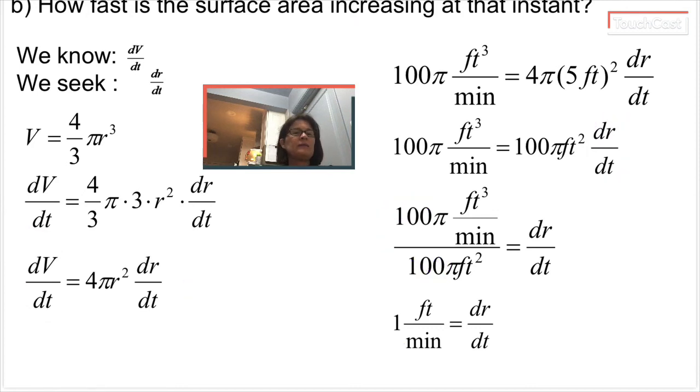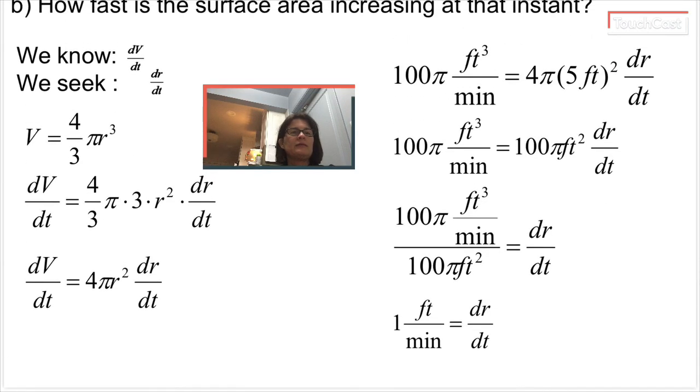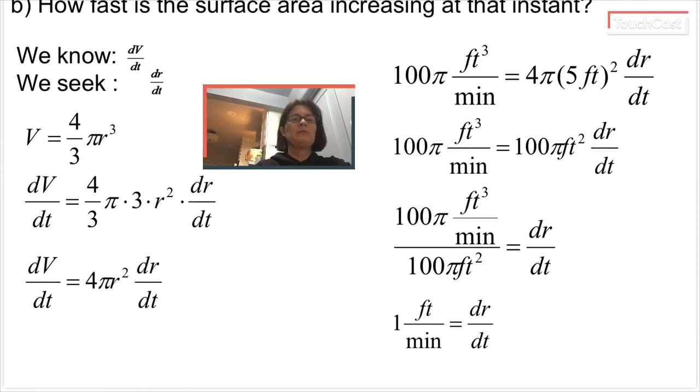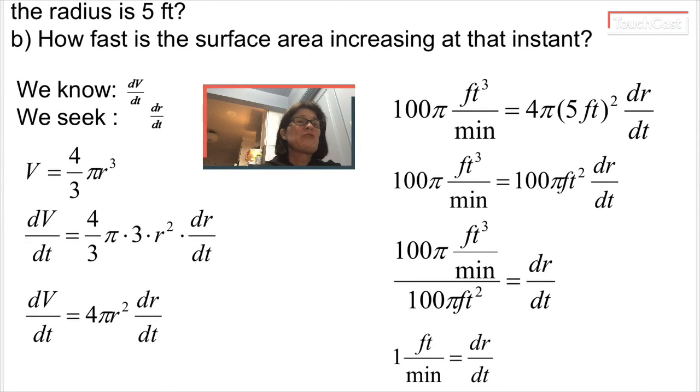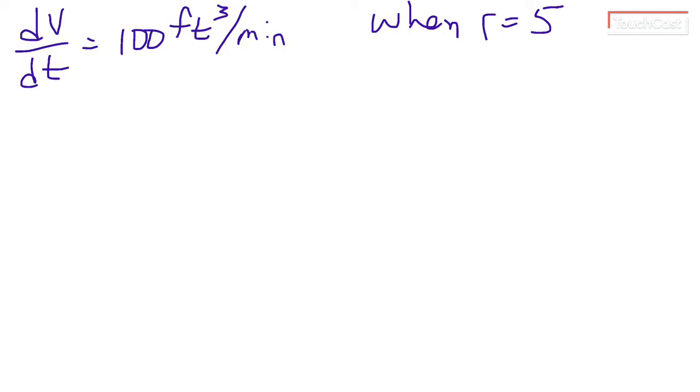Part B, I have that. Here we go. How fast is the surface area increasing at that instant? So I'm going to need a way to relate. Quick reminder, we know that dV/dt equals 100 pi cubic feet per minute, and we're interested in the exact moment when r equals 5.